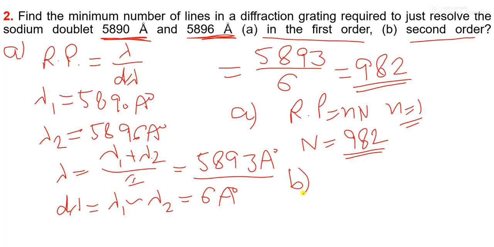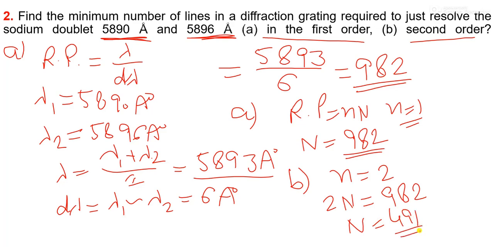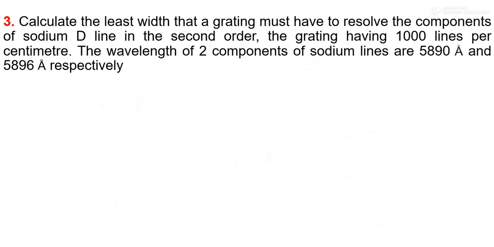For second order, small n equals 2. So resolving power equals 2N, and this is equal to 982. So capital N equals 491. Okay.